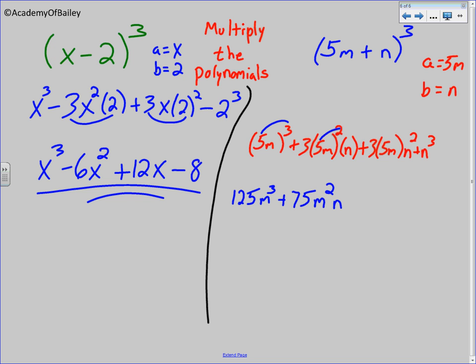And n is squared in this case, not 5, so then we're left with 15. 3 times 5 is 15 m n squared. And there we go. That's what we should have when we multiply the sum of 5m and n, and we cube it.